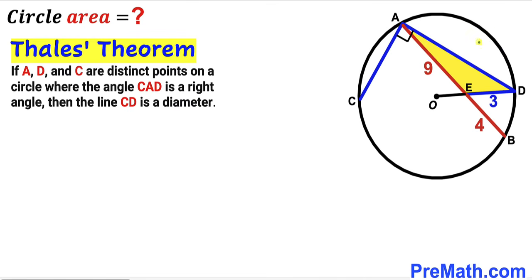And here we can see these points A, C, D are indeed on the very same circle. And this angle CAD is indeed a 90-degree angle. So therefore we conclude that this whole CD is the diameter of this given circle. In other words, these points C, this center O, and this point D are indeed collinear.